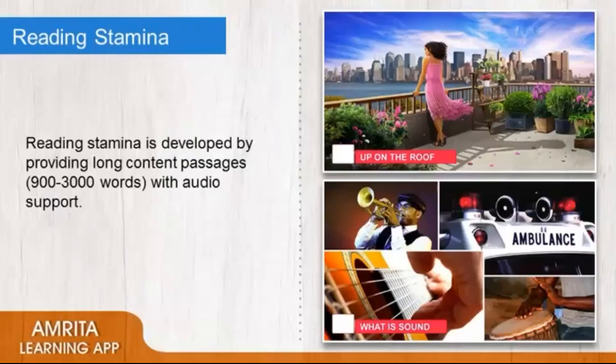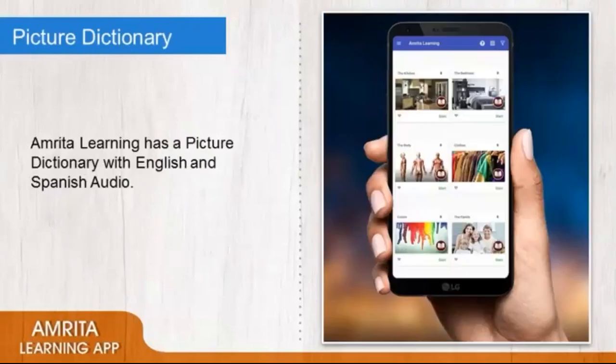Reading stamina is developed by providing long content passages with full audio support. Amrita Learning has a picture dictionary with English and Spanish audio. We found this to be the most used section during the XPRIZE competition by ESL learners at the K2 levels.